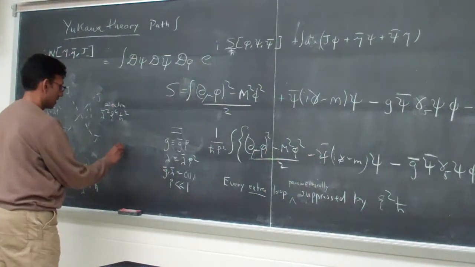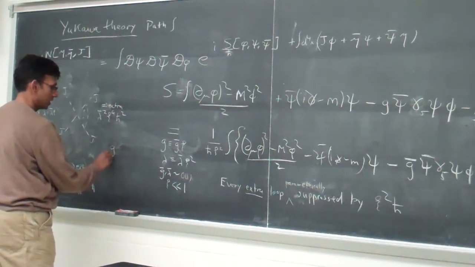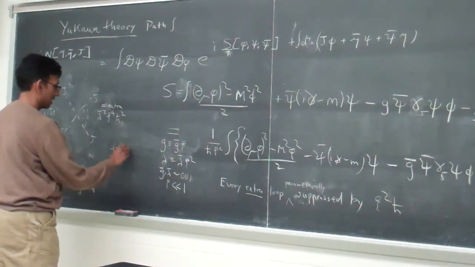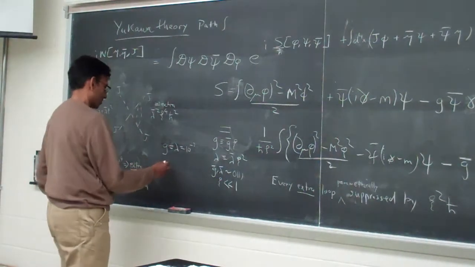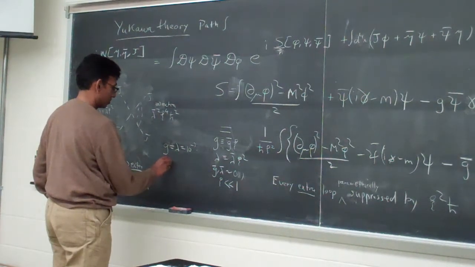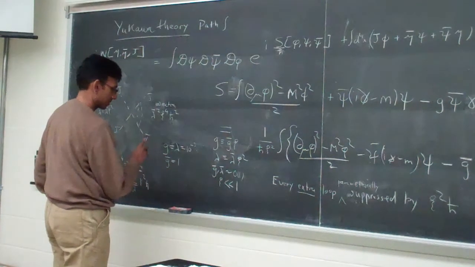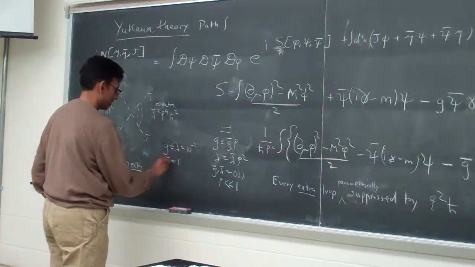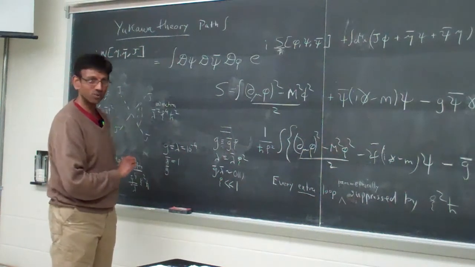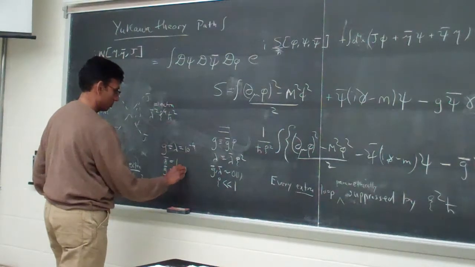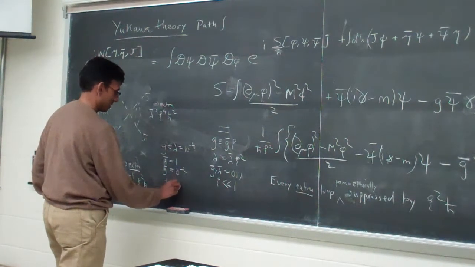If you wanted to think of a theory in which G is equal to lambda, and they're equal to 10 to the minus 3, then I would take lambda bar equal to 1, and g bar equal to 10 to the minus 2, and c equal to 10 to the minus 2.